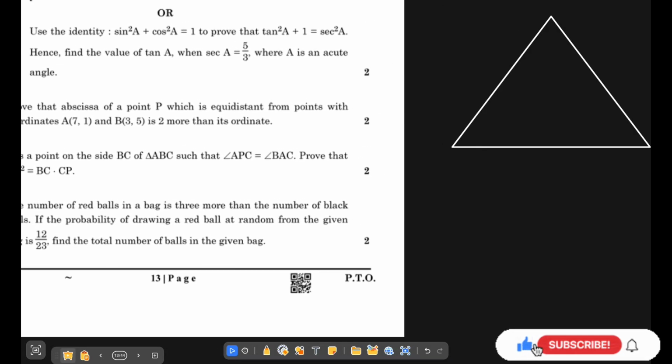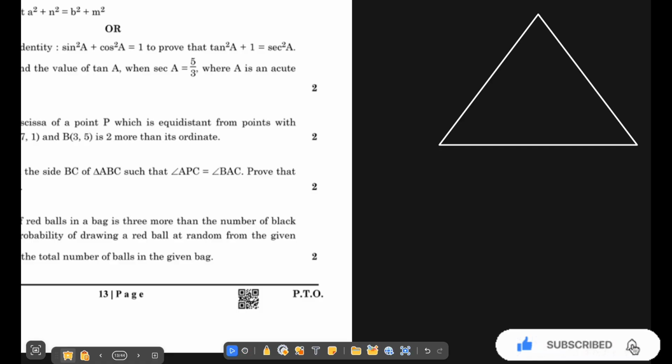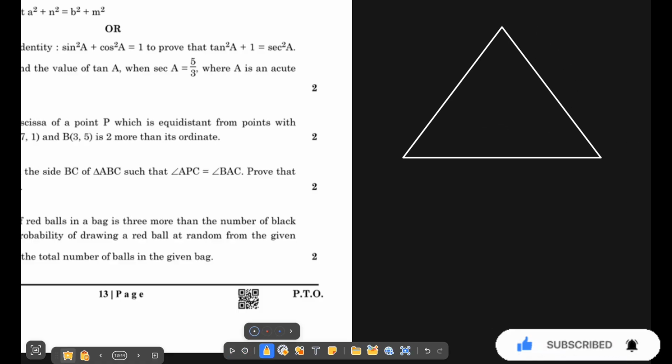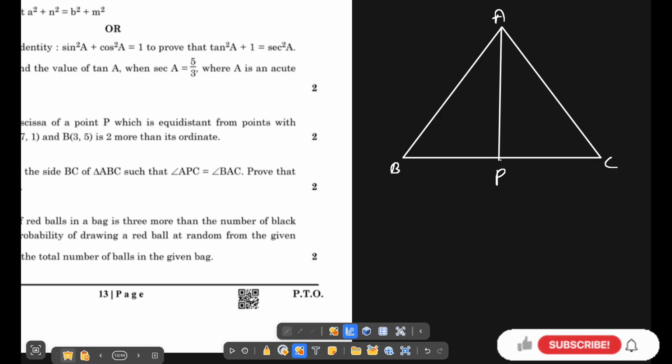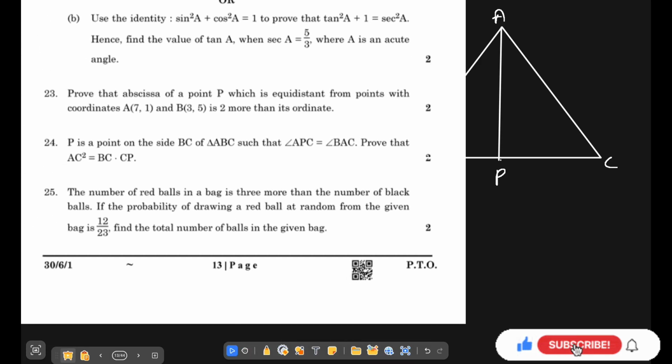P is a point on BC side. A, B, C. So P is a point on BC side, and it is given that angle APC is equal to angle BAC.